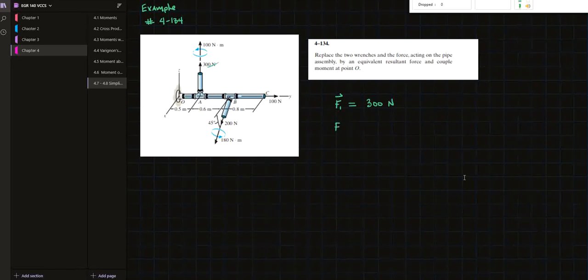My second force, let's call this, we're going to get it off of this guy down here. So we have 200 cosine 45 I, this is actually going to be in the K direction, I minus 200 sine 45 in the K direction.